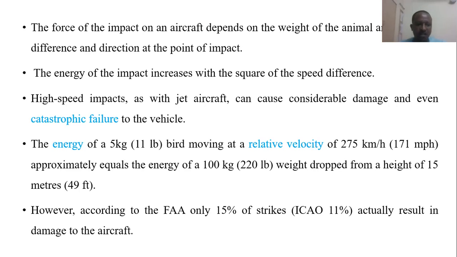However, according to the Federal Aviation Authority, only 15% of the strikes, or 11% according to ICAO, actually result in damage to the aircraft.